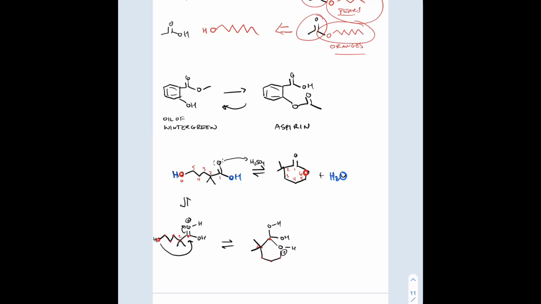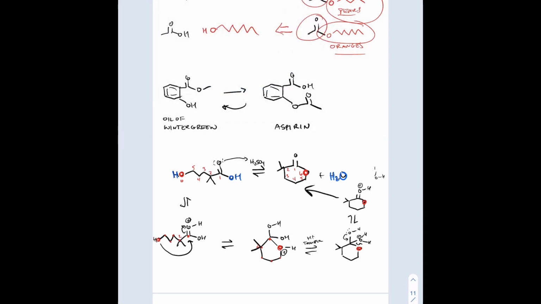So what we want to do is a proton transfer to get us to where we have a good leaving group, water, create that carbon-oxygen double bond, and then deprotonate that oxonium in the end. And that's pretty much it.